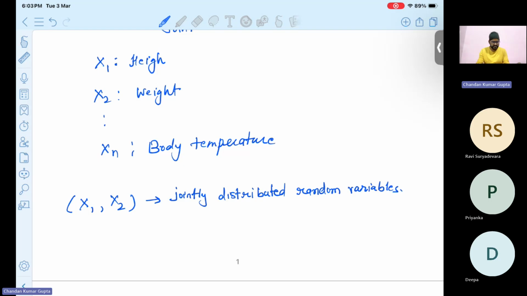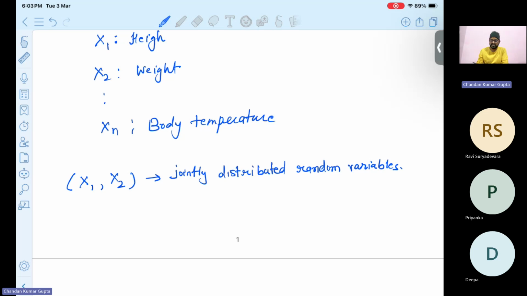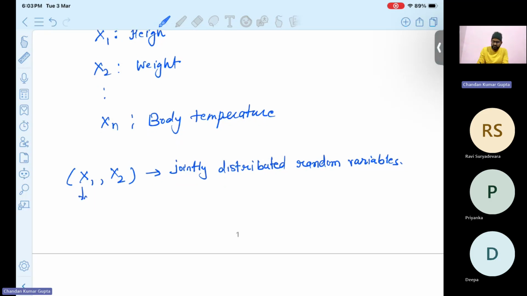For joint distribution of random variables, we can also take x, y, or x, y, z, u, v, etc. These are the notations for random variables. Here we consider them simultaneously, for example height and weight.